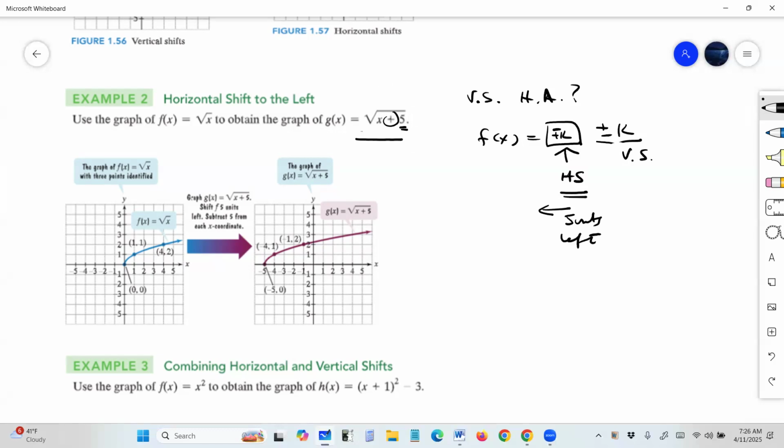So once we identify the transformation, we go and graph the standard function, in this case the square root, and it looks like this. And then we already know what this transformation is. It's a 5 unit shift to the left, a horizontal shift.